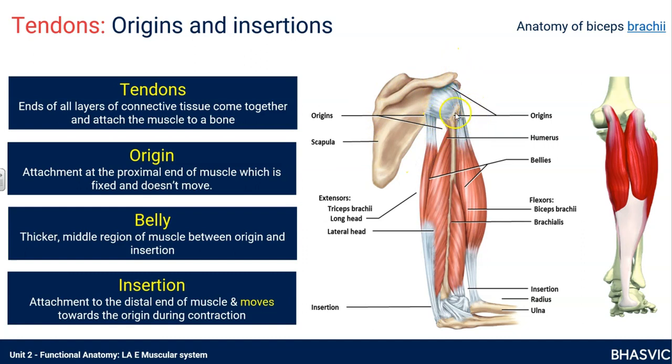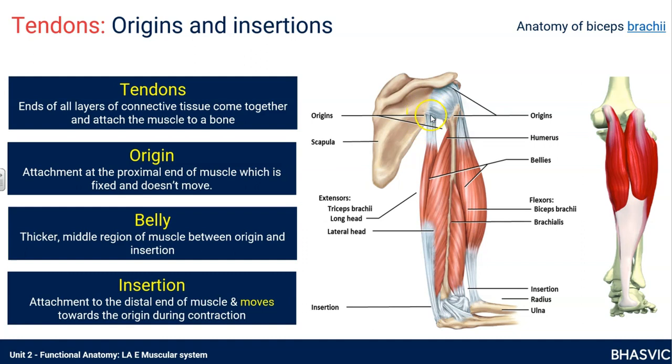Here are the origins, so the starting point, if you like, of tendons leading into the muscles that go down to the other end, where the other end of the muscle attaches via tendons. So the tendon nearest the axial skeleton, the attachment point of limbs, is called the origin.